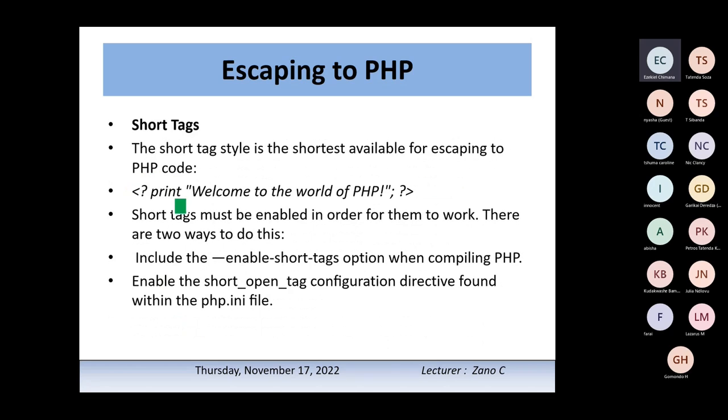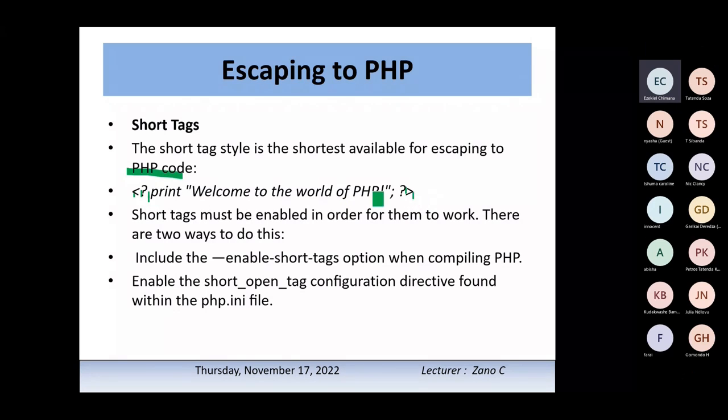So there is the use of what? Of short tags. So the short tag style is the shortest available for escaping to PHP code. So instead of putting the PHP word here, you can just put the open angle bracket and then question mark, and then you put the question mark and then the closing angle bracket. Anything that you put in between will be regarded as the what?